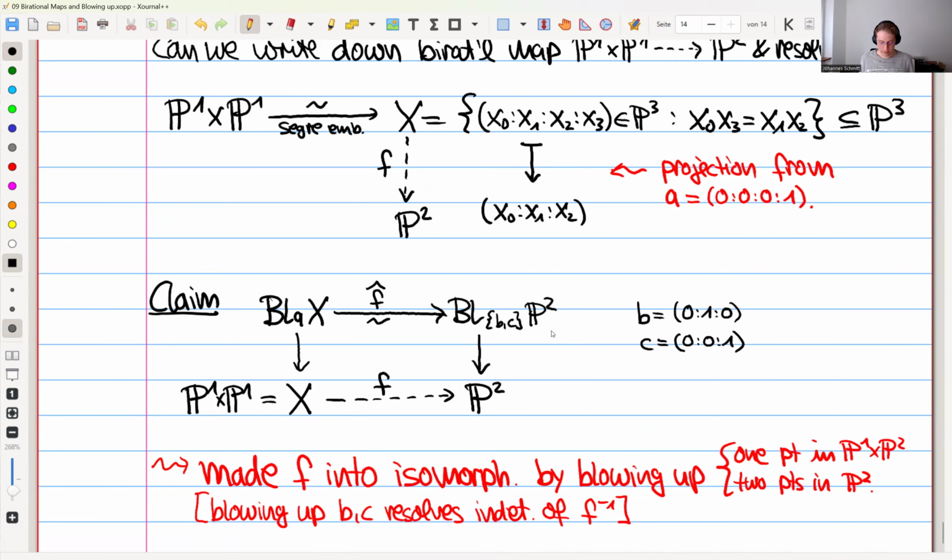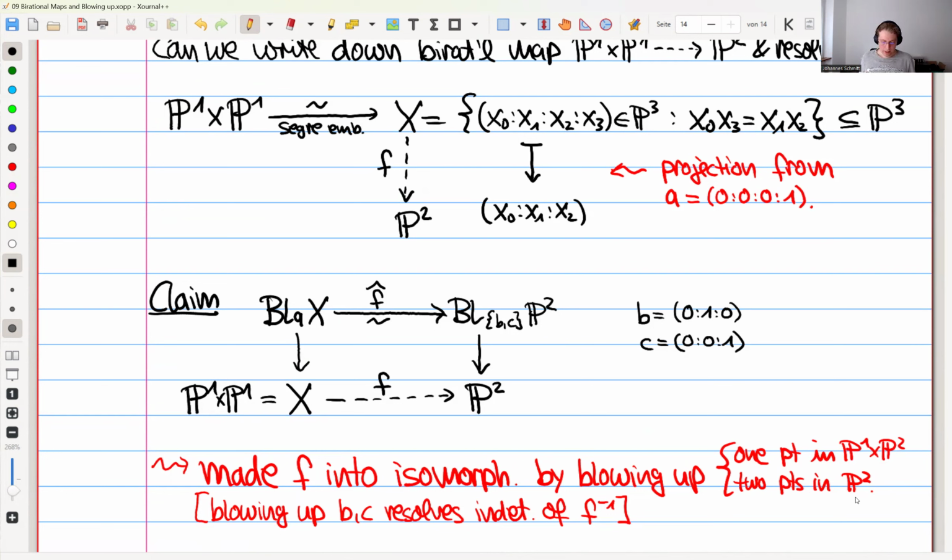In particular, this gives us an interesting relation between varieties, namely P1 cross P1 and P2 were not isomorphic, but if you blow up 1 point in P1 cross P1 and 2 points in P2, then you get isomorphic varieties. And that's an interesting thing, and that will be used in 2 chapters.